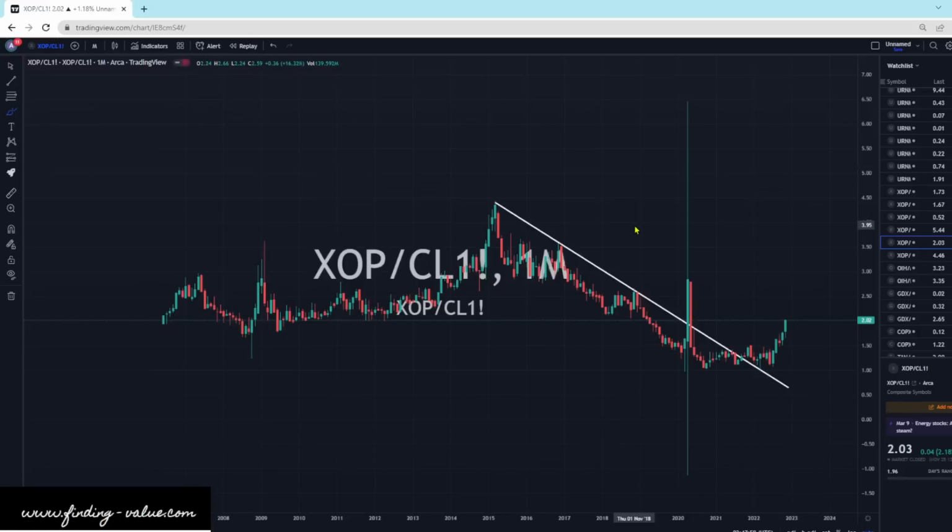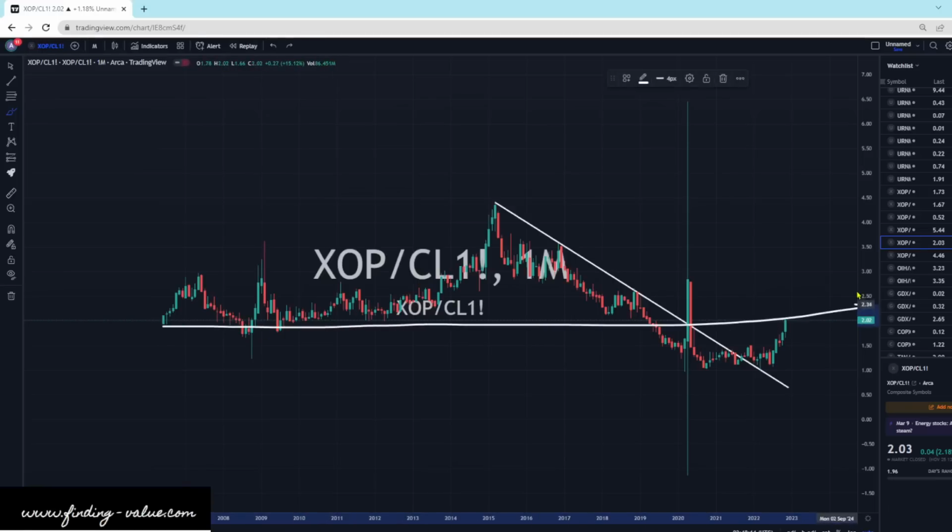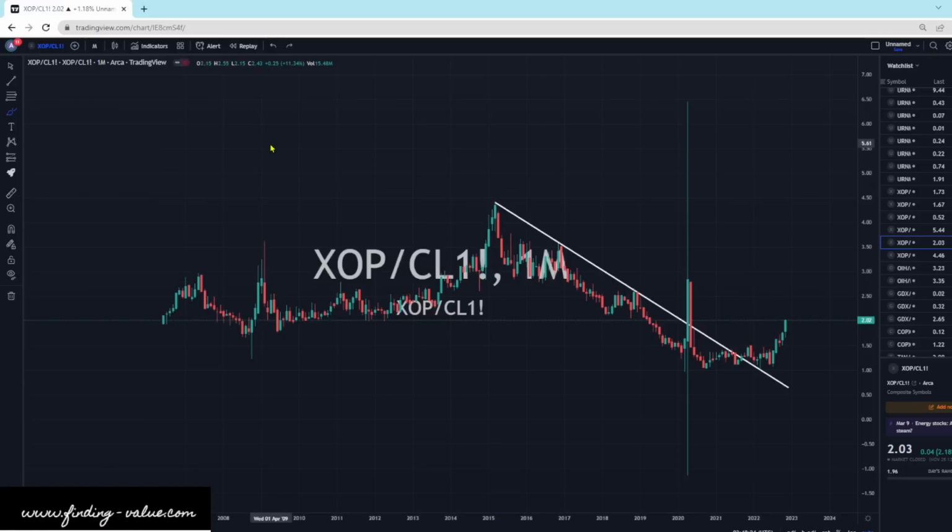Looking at XOP versus crude oil, XOP is underperforming. We've seen this on Twitter and some of these other areas where they say, look, there's a divergence between XOP and crude oil. But I don't think that's necessarily the thing to do because, looking at this, it's kind of your average ratio, and we're not even in the average ratio where XOP typically trades against crude oil. One reason could be that crude oil has moved up dramatically to the upside, and a lot of these companies have had hedges in place.